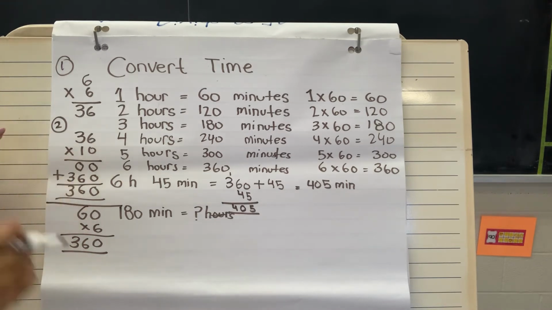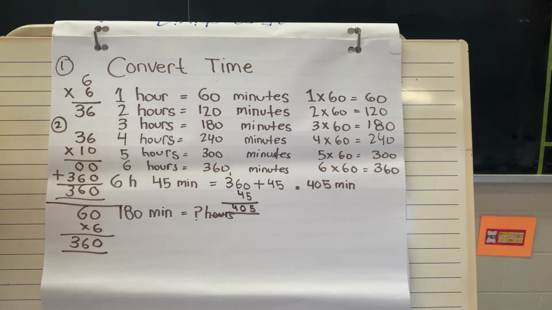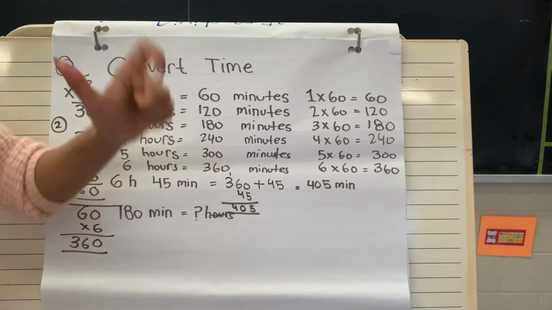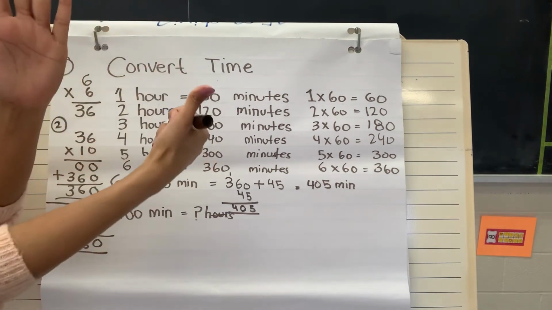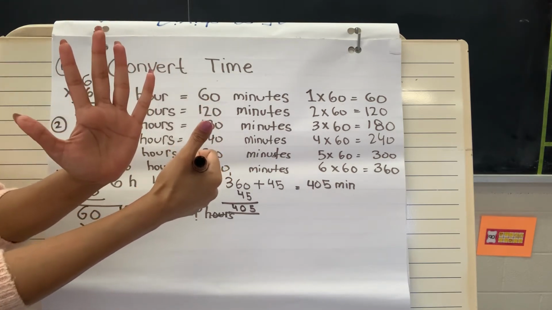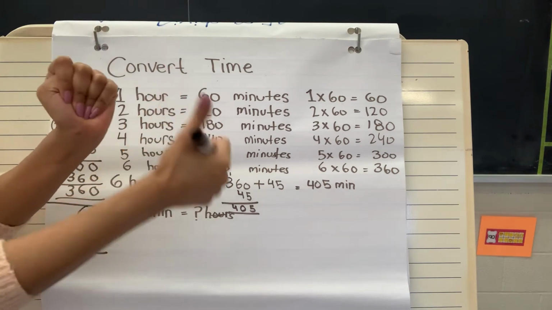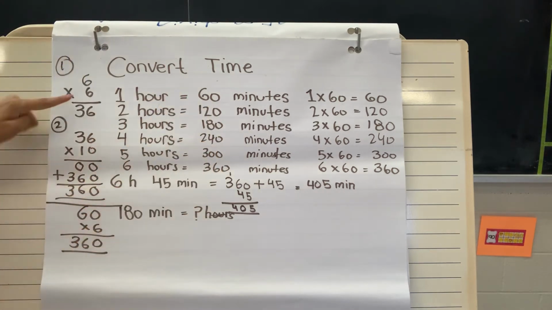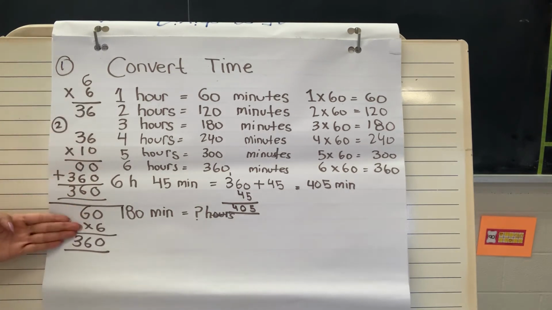You're multiplying your hours by 6 tens. If I have 6 tens, so 1 ten, 2 tens, 3 tens, 4 tens, 5 tens, 6 tens. If I have 6 tens, that means I have how many? I have 60. So 10, 20, 30, 40, 50, 60, right? So I have 60. So instead of doing it in 2 steps, I would do it in 1 step.